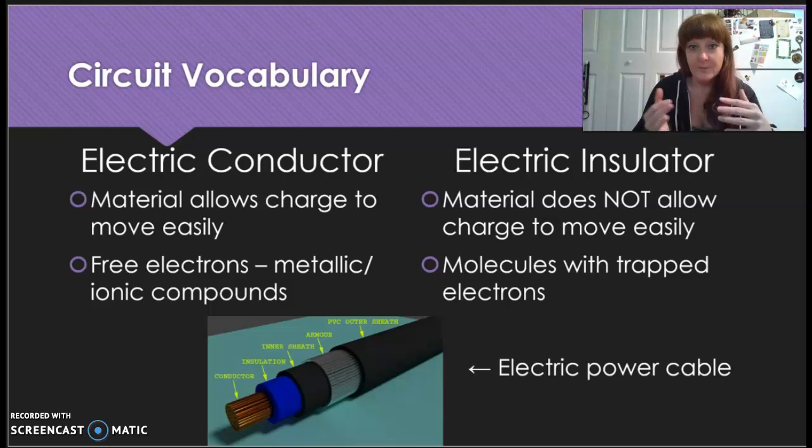You might have heard the term electron sea or electron glue to hold metal atoms together. Well, that electron sea is free to move from one ion to the next ion. So that allows metals to be good conductors for electricity.